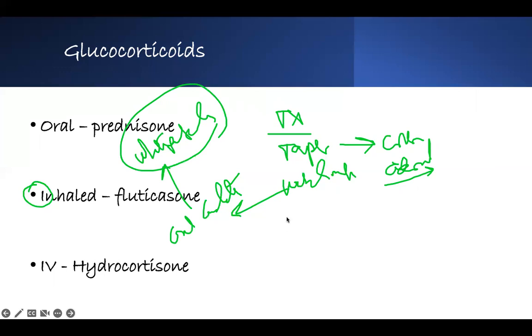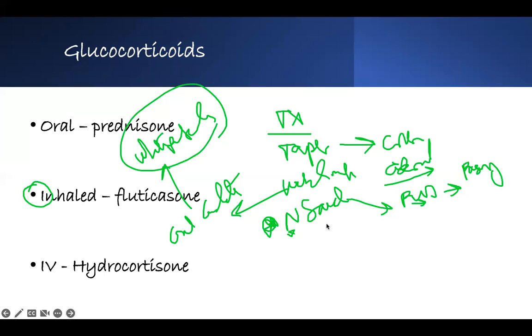And then they should not take what? NSAID. Okay, this is very important. Anybody on steroid should be on a PPI to prevent peptic ulcer disease. This is critical, and this is a passing level question. If they give it to you, you're passing because they want you to think steroid, avoid NSAID because you get peptic ulcer disease.